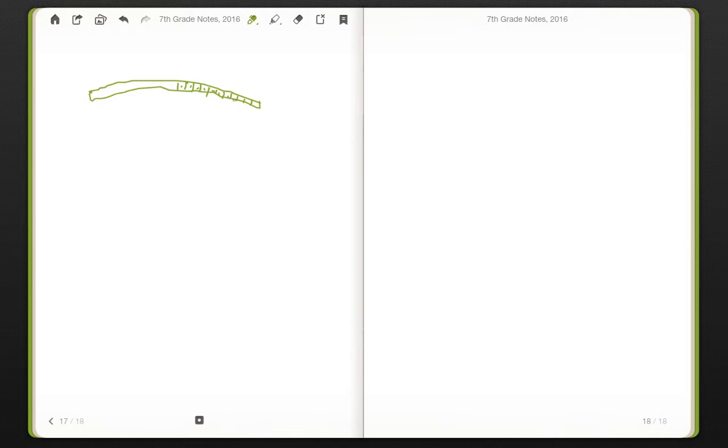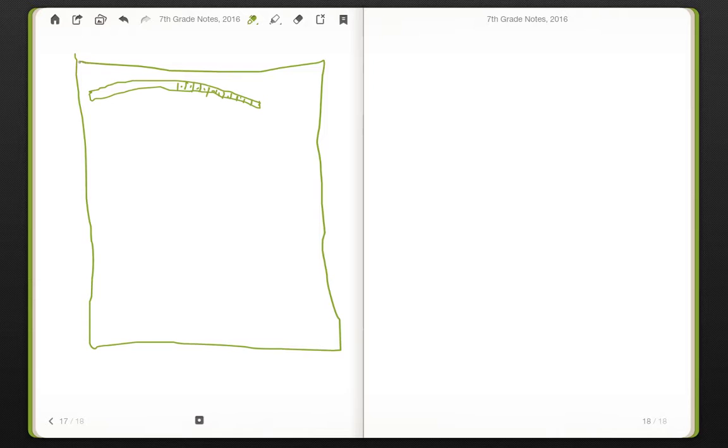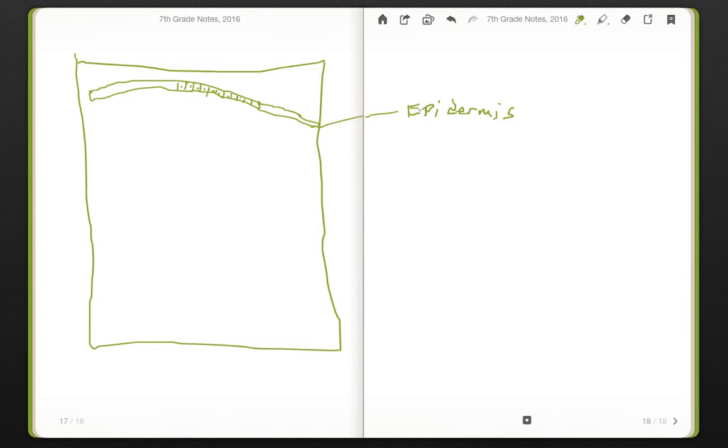This, by the way, is that square we were looking at on the previous page. These cells are called the epidermal cells, or epidermis. Epidermis. That's the outer layer of cells.